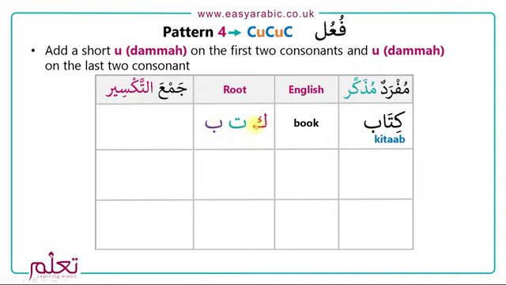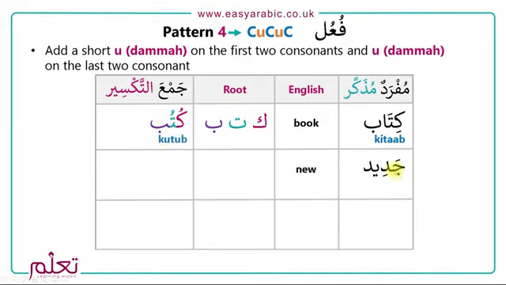We do the same thing as up there: kaf with the damma, ku, ta with the damma, tu, kutu, and the ba as it is. So it'll be kutub, which is books.